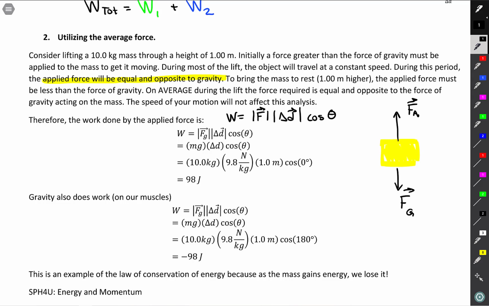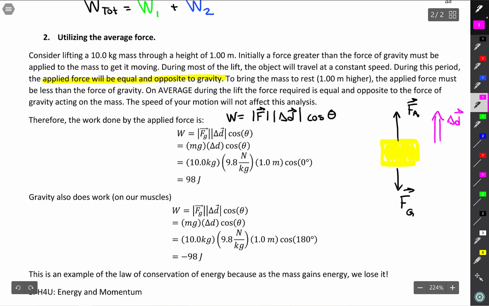This was our displacement, acting upwards, so the angle between the applied force and the displacement vector is 0 degrees. Substituting our values, mass is 10 kilograms, the local gravitational field intensity is 9.8 newtons per kilogram, the displacement is 1 meter, and the cosine of 0 degrees is 1. You get 98 joules for the work done by the applied force.